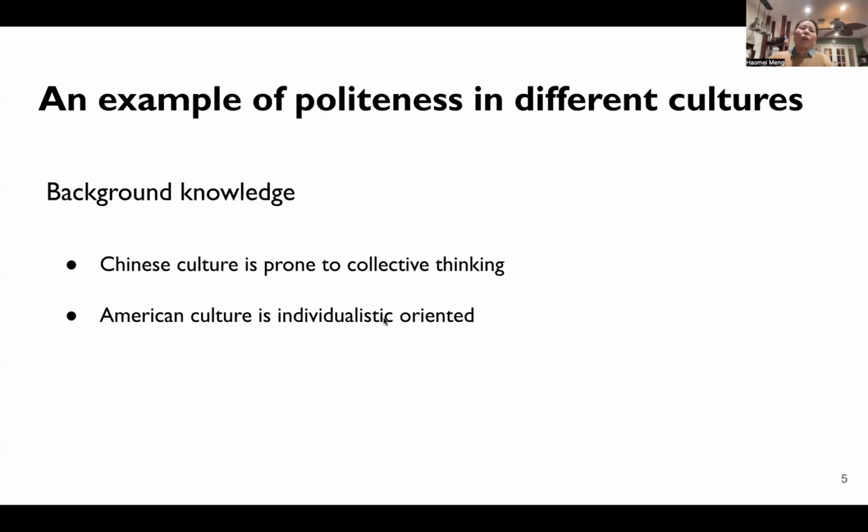Here is an example of politeness in different cultures. Before we watch that video, I want to review a little bit background knowledge of different cultures. I mean, Chinese culture and American culture. Chinese culture is prone to collective thinking, which means that what you say and how you behave depends on the other's responses and the surrounding factors.